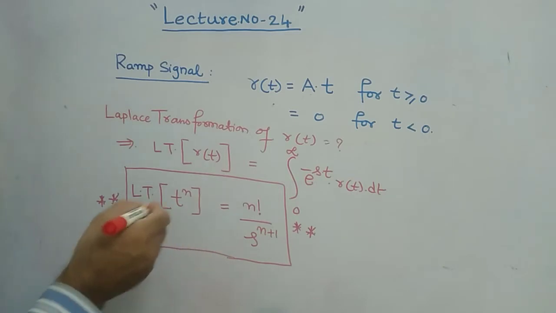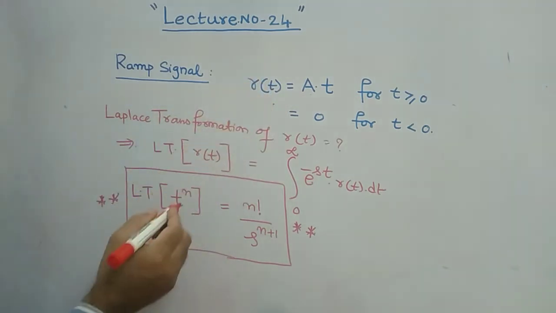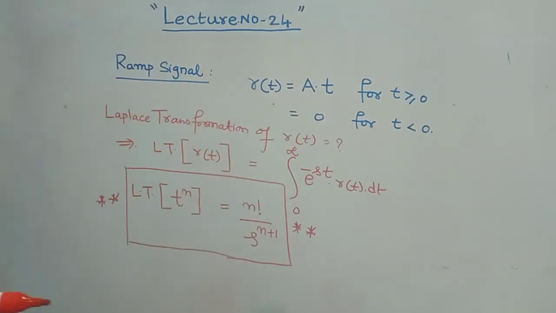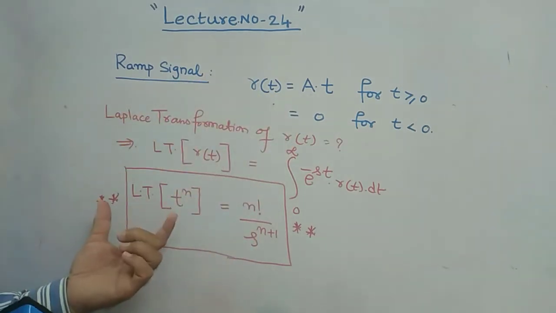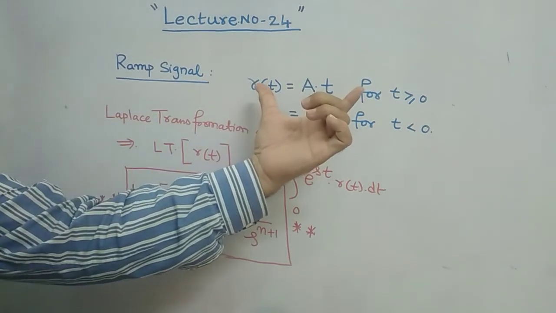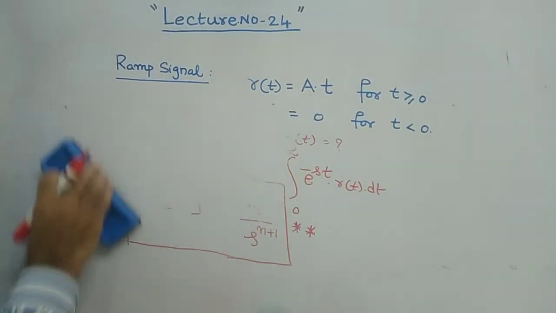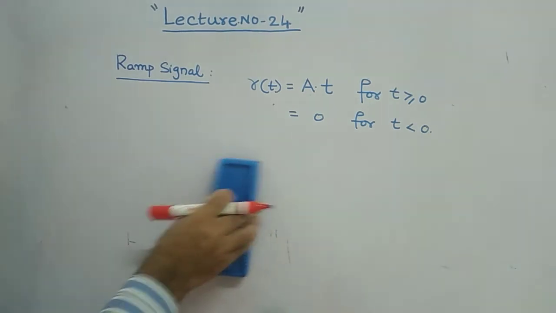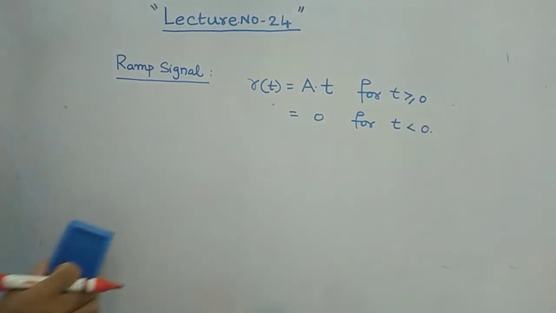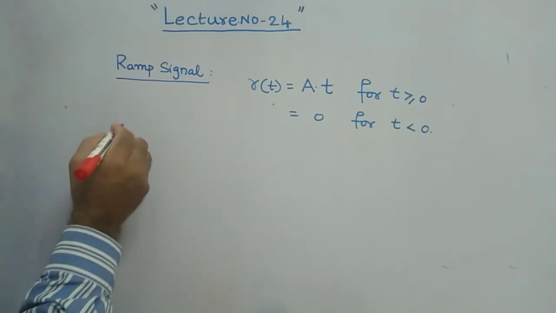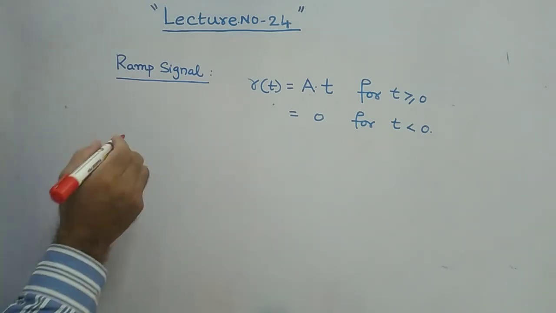If you apply this property to our input signal, the ramp signal, then how would it be? Let us see. Because these are the very basic information that you must know before going into a deeper concept of the time response analysis.